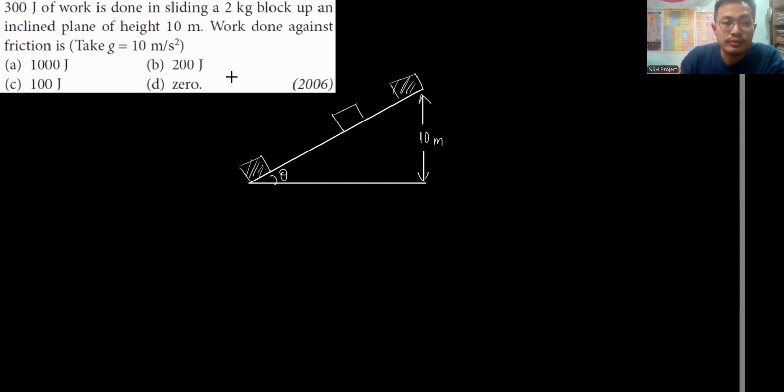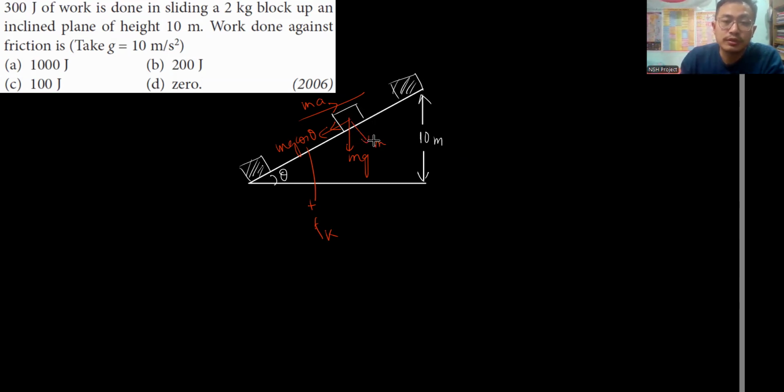Let's draw the free body diagram. The component mg sin theta acts down the incline, and mg cos theta acts perpendicular to the incline. The friction force acts opposite to the motion, down the incline. It is fk, the kinetic friction, since the block is moving.